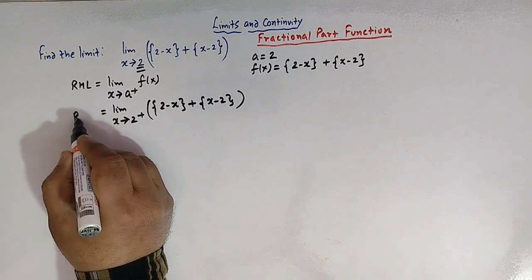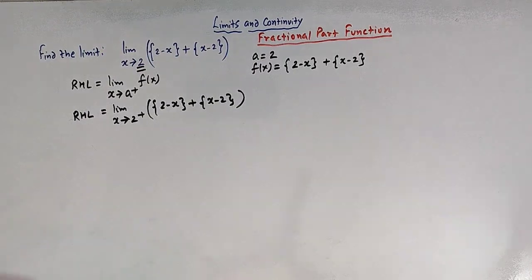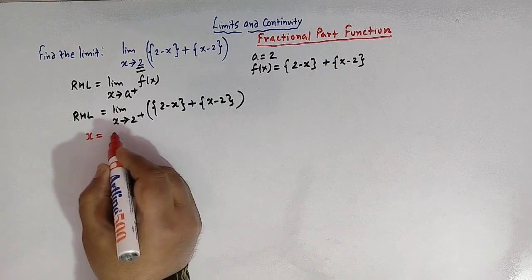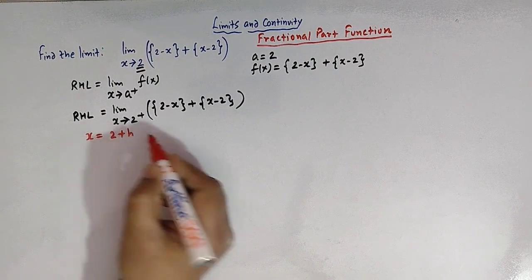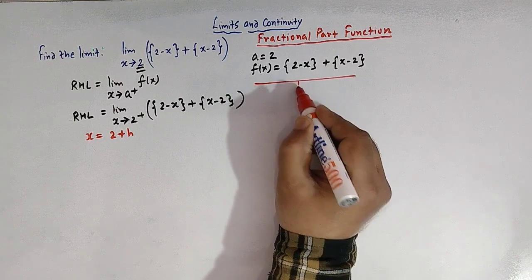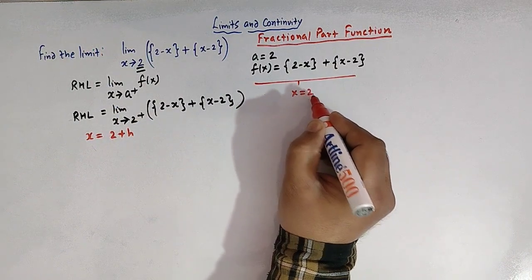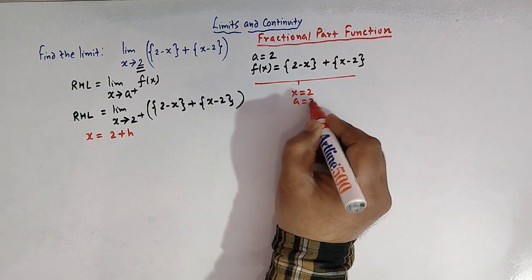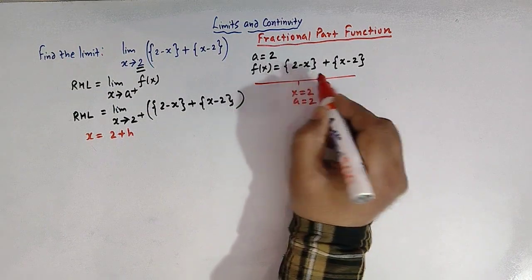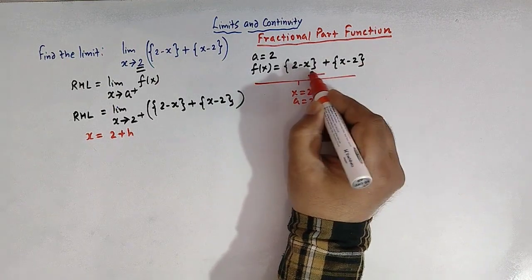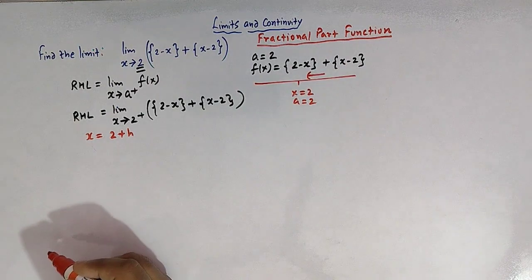So now to move further, here we'll substitute x is equal to 2 plus h, right? Because see, we are finding out the right hand limit, and here we have a is equal to 2, and we are approaching towards x is equal to 2 from the right of x is equal to 2, right?